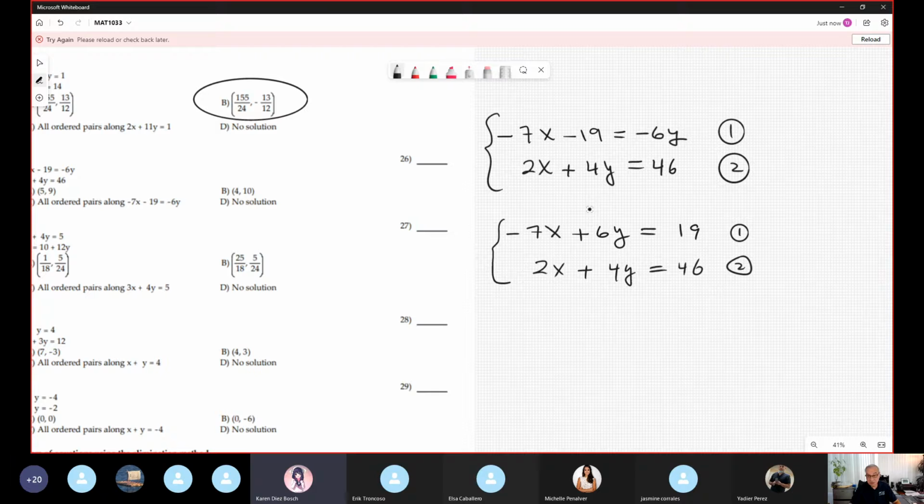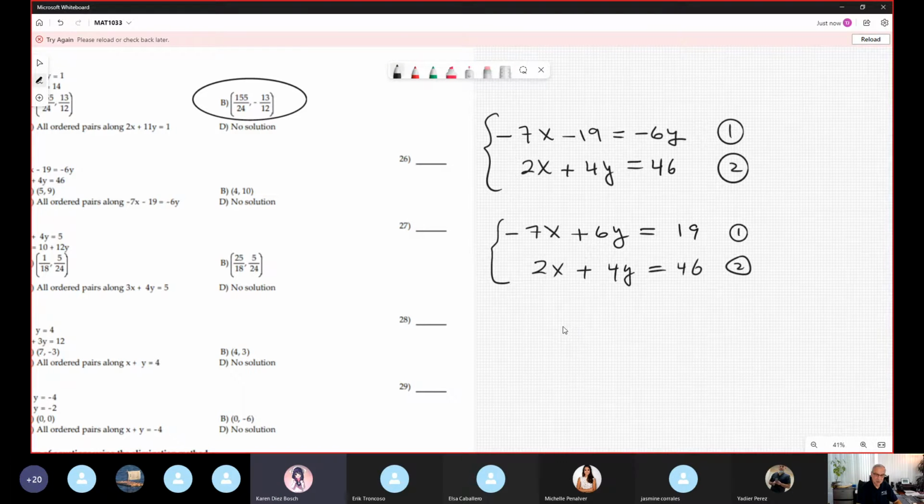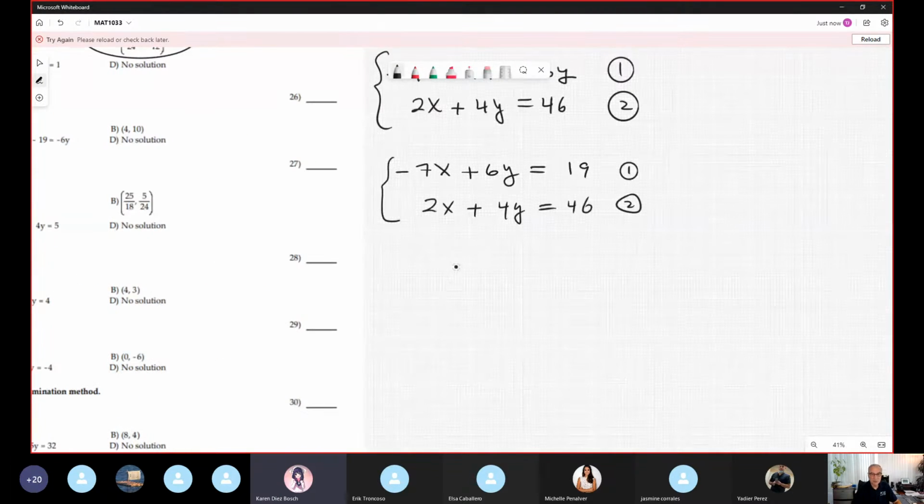So I need to make a decision. My intuition is, well, you take equation number 2. Why? Because I consider it a little bit easier. Not too much, but it's easy. And you isolate, for example, that part. You decide which part to isolate, it's okay.